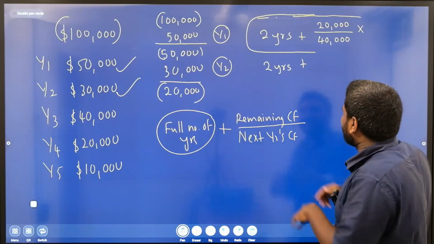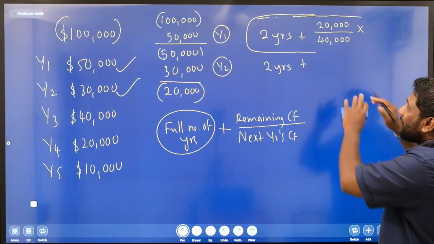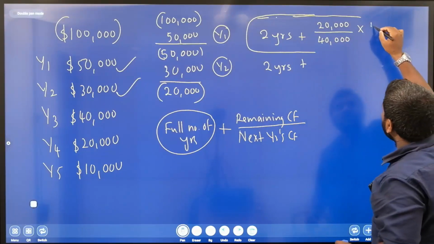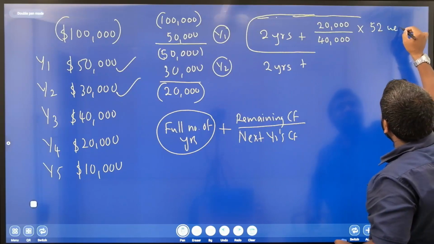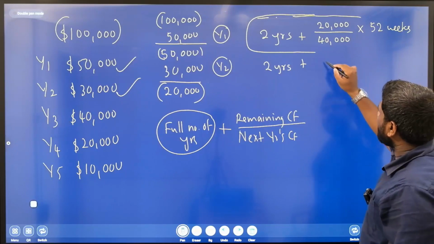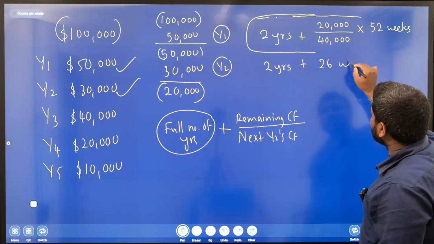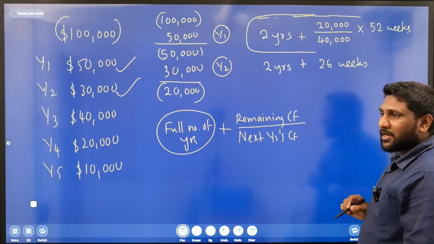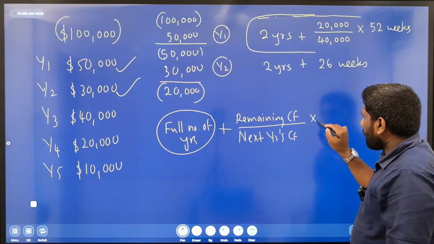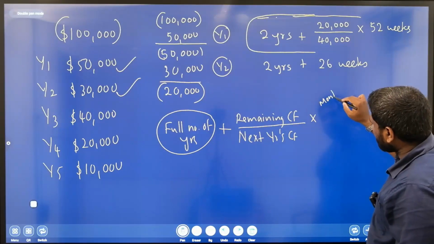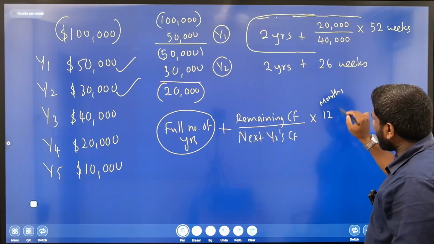Okay. So again, let's come back to the question. If you want the second part in weeks, you have to multiply by 52 weeks. So here 2 years and 26 weeks. So what is the learning that you should get here? If you want the second part in months, multiply by 12.